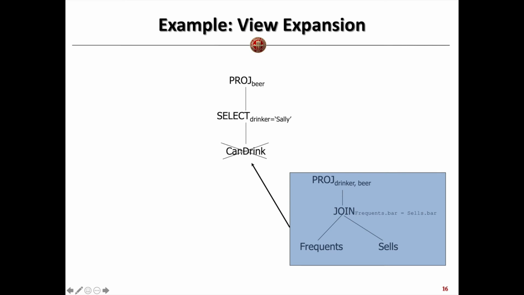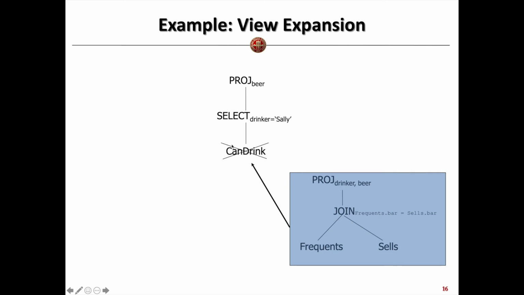We treat it as if it was a base table. However, when the system sees CanDrink, it will remove CanDrink and replace it with the expression tree for the original definition, as shown here. Because CanDrink is defined based on Frequents and Sells, we do the join and a projection.